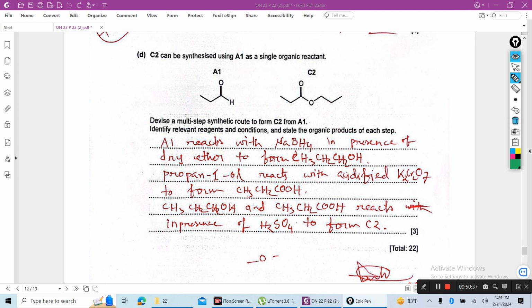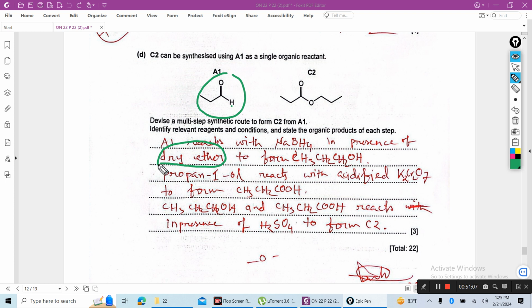Now you see, A1, propanal, reacts with sodium borohydride in the presence of dry ether to form propanol. The aldehyde goes to a primary alcohol by reduction with sodium borohydride, under the condition of dry ether.